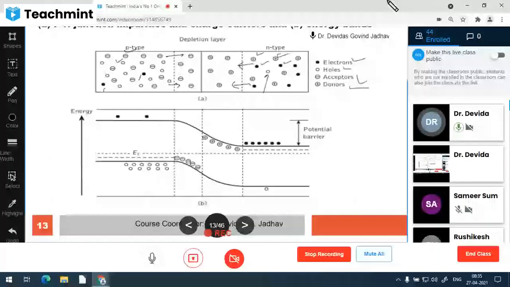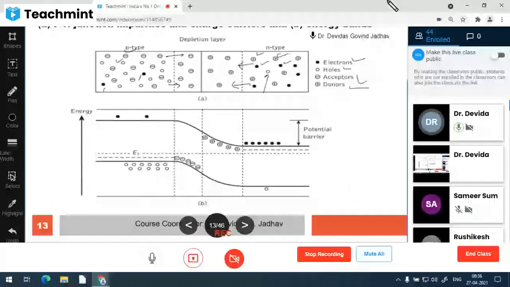Then the depletion layer stabilizes, and this depletion layer further avoids the recombination of electrons and holes in a stable state. It does not conduct electrical energy. When it is forward biased, only then can it conduct electrical energy.